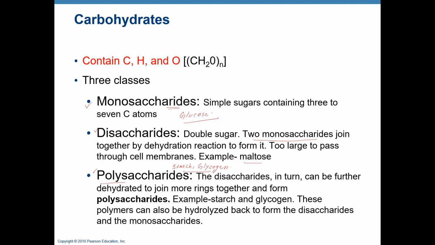These are the most complex and larger carbohydrate molecules, and these are mainly the stored forms of carbohydrates. In a carbohydrate molecule, you will find C, H, and O, those three atoms.